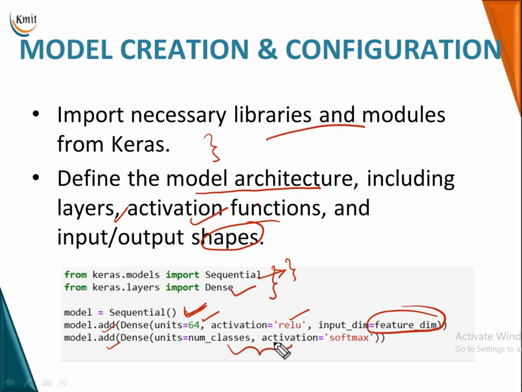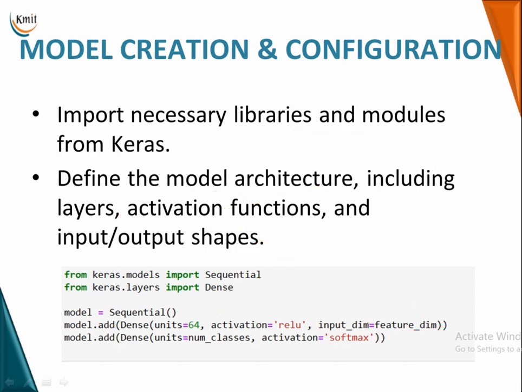That's the reason after an input I'm defining an output. So the number of classes will be my units and the activation function is softmax. Suppose if it is a multi-category classification, I will go for a softmax activation function. So this is how you can create a particular model very easily by knowing the importance of sequential container and the layers that you can call from Keras.